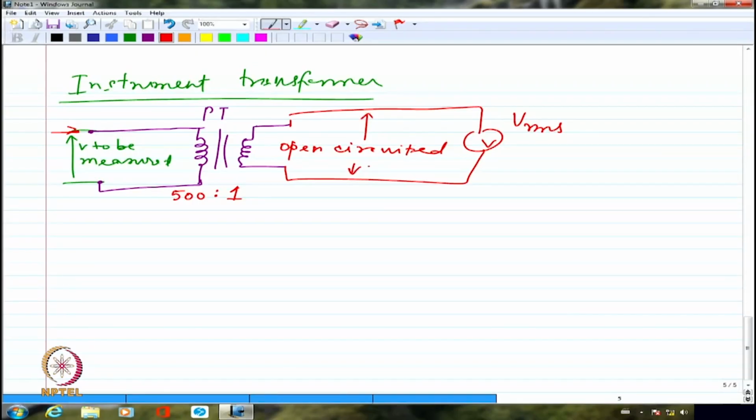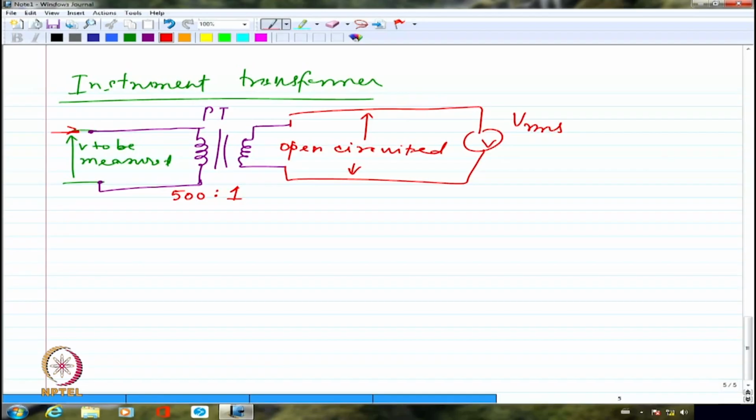It is as good as you are not drawing any current through the voltmeter or through the potential transformer. So a potential transformer will always have a higher number of turns towards the side from which I want to measure the voltage, and a much lower number of turns towards the other, low voltage side. And the low voltage side invariably will be open circuited. It cannot be connected even with a smaller value of resistance.